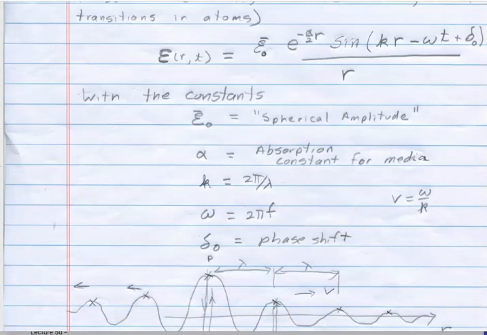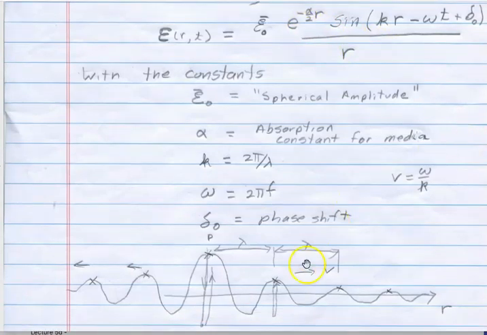And symbolically, I can represent this function up here. I kind of think of this in terms of a water wave, in which I've got something that's moving the water up and down at this point with a strong amplitude, and then as it goes out radially, its amplitude drops off, primarily from two factors.